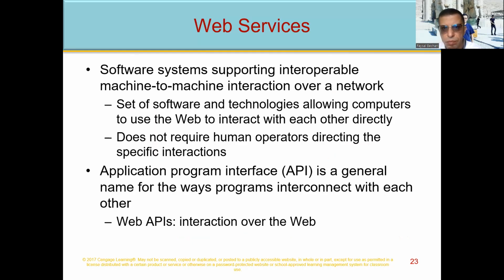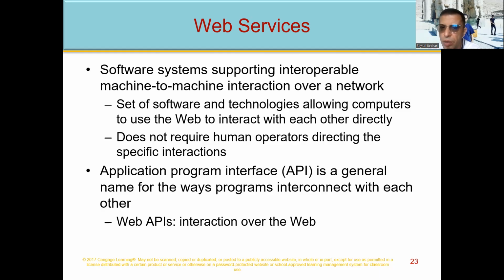Now, web services. Web services is a software system supporting interoperable machine-to-machine interaction over the network. So web services sit on your PCs and connect different PCs together. It's a set of software and technology that allows computers to use the web to interact with each other directly.